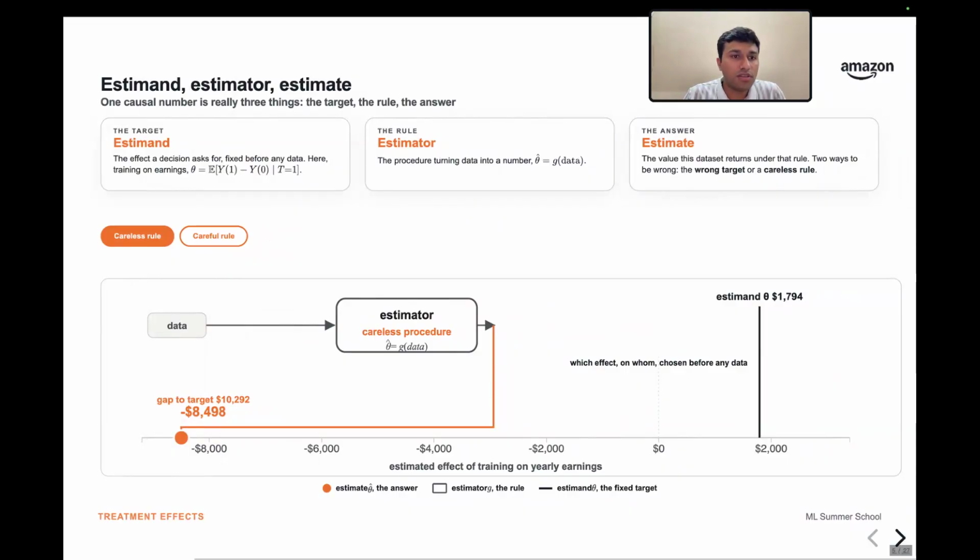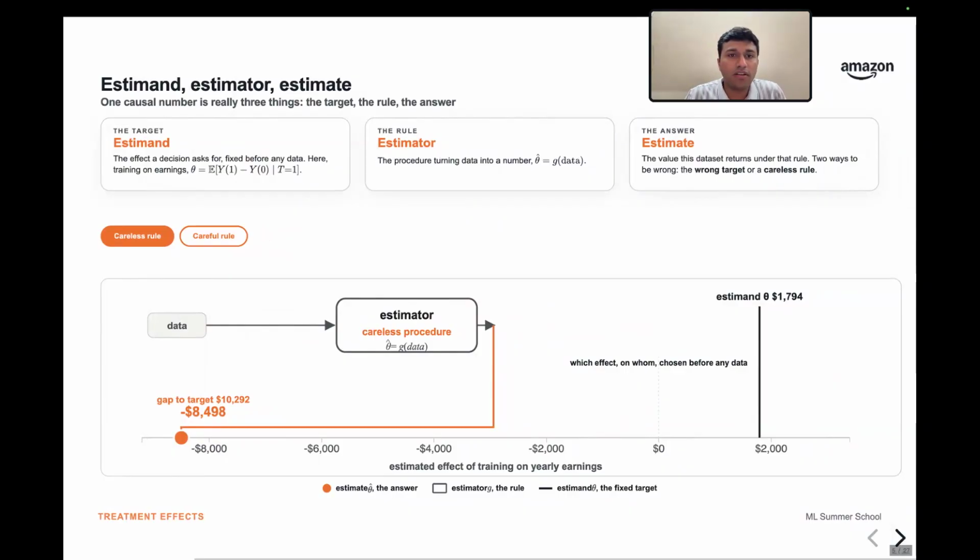Now, since we want to estimate this from the observed data, there are various techniques to do it, right? A simple technique that we have used is just subtracting the average salary you are getting from people with an internship minus the average salary you are getting from the group of people who did not have an internship, right? So that is one way of coming up with a number for that question that we want to answer.